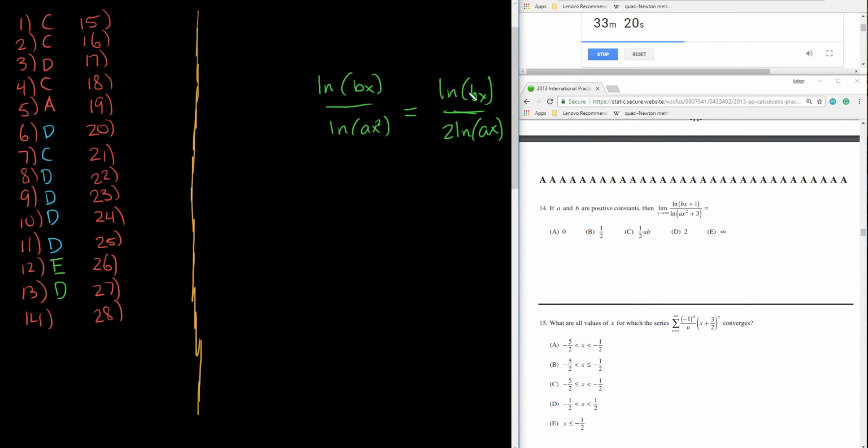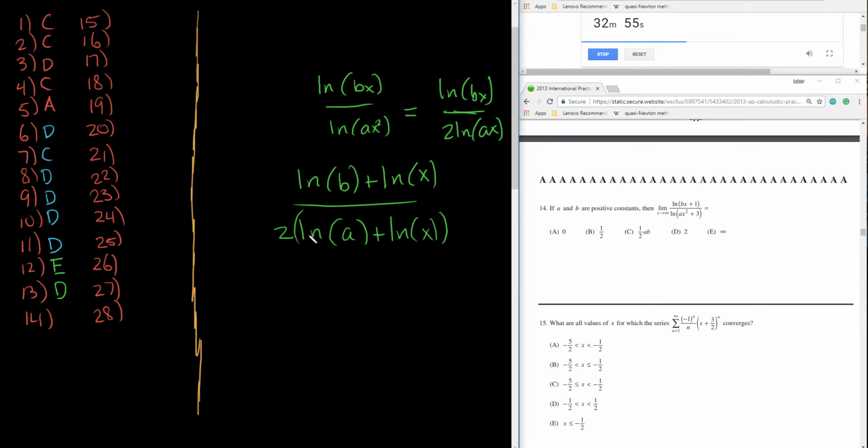Okay? So if you're taking the limit as this goes to infinity, the a's and b's, so this is a product now. So this is going to come out to be the natural log of b plus the natural log of x, divided by 2 times the natural log of a plus the natural log of x.